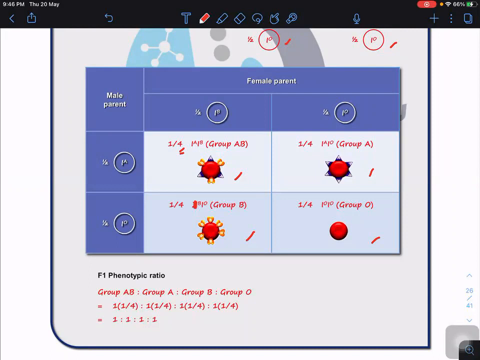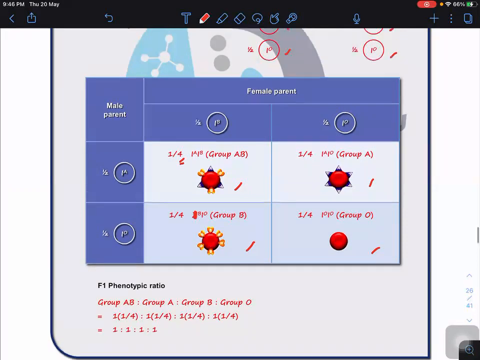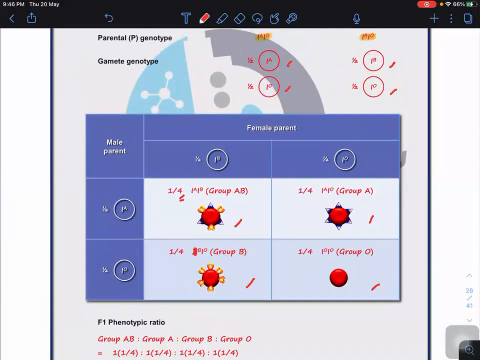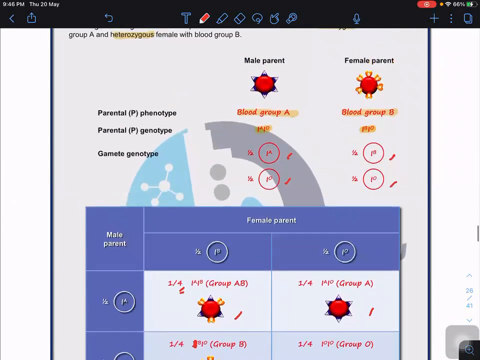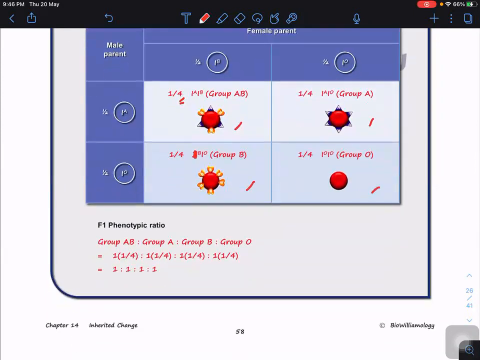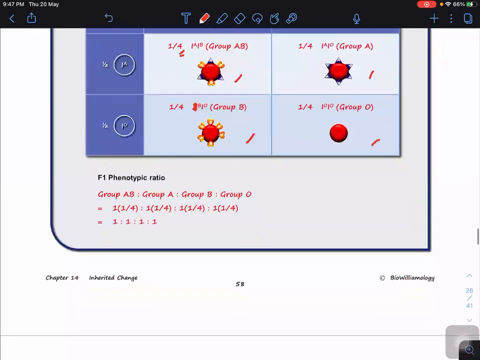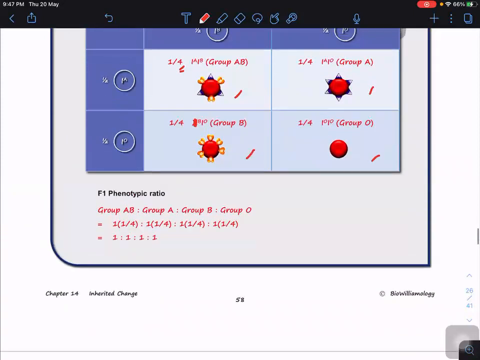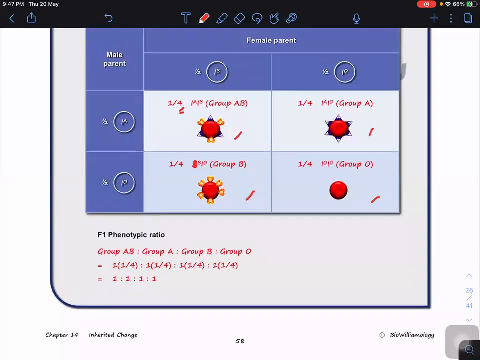Again, not necessarily, because we will be able to get 4 different phenotypes in terms of blood group if the father and mother are blood group A and B respectively. So what's the F1 phenotypic ratio? In this case, you can see AB to A to B to O in the ratio 1 to 1 to 1 to 1. With this, I've done multiple alleles.